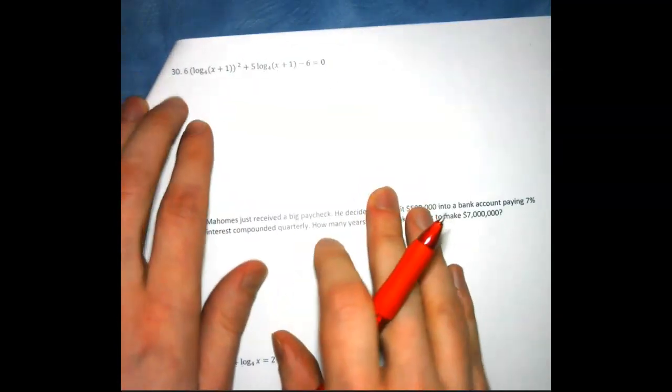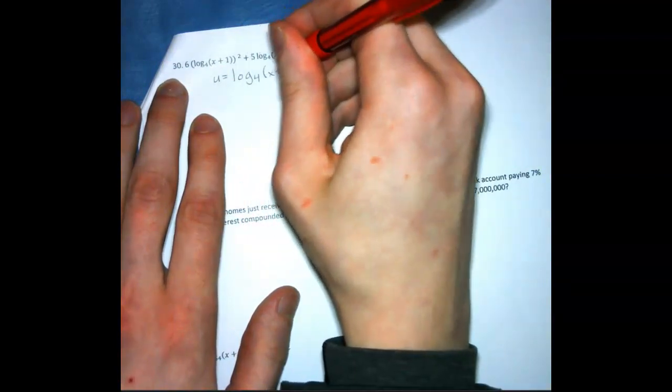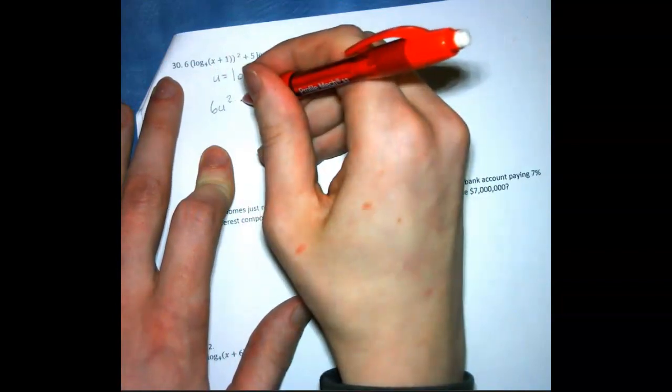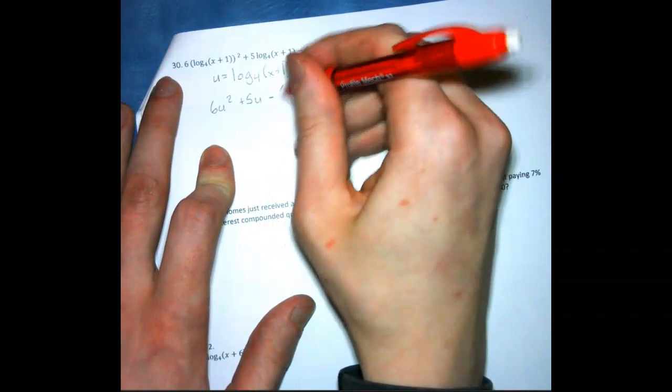And our last problem today is problem 30. So again, this is going to be that u substitution. We'll say u equals that log base 4 of x plus 1. So we have 6u squared plus 5u minus 6 equals 0.